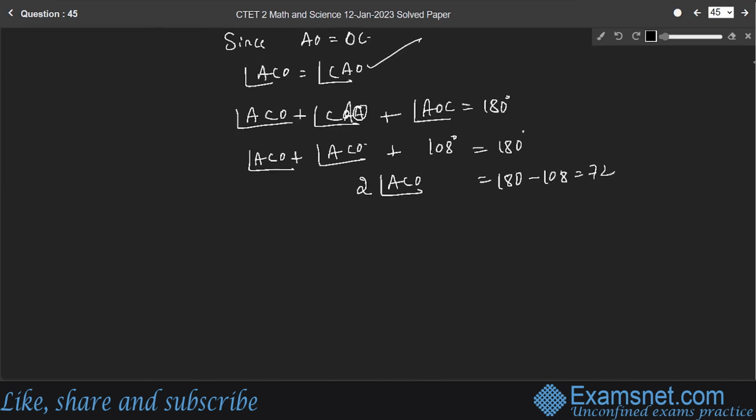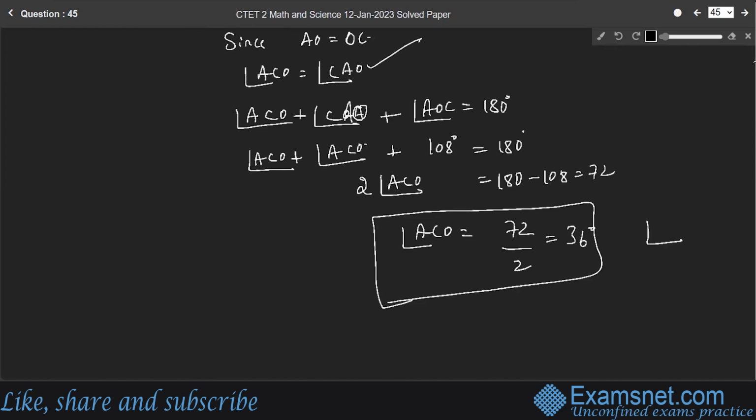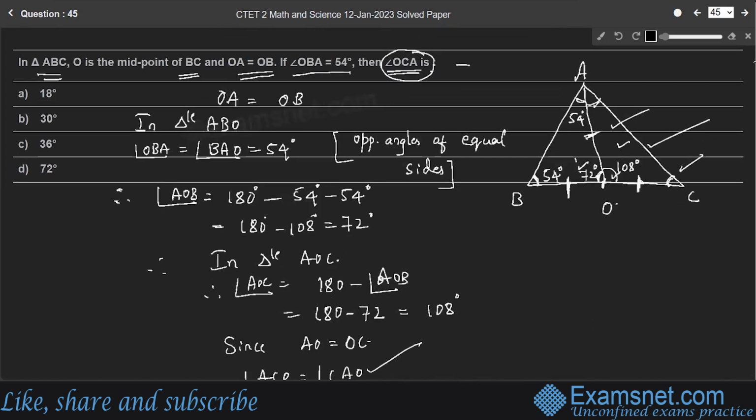Therefore, angle ACO is 72 by 2, which is 36 degrees. ACO or OCA, both are the same. So angle OCA is 36 degrees. Hence, option C is the right answer.